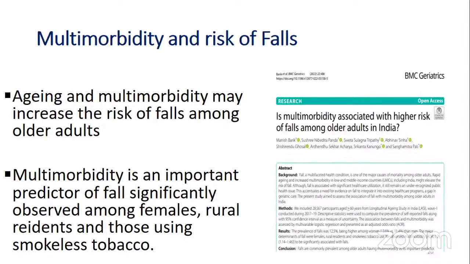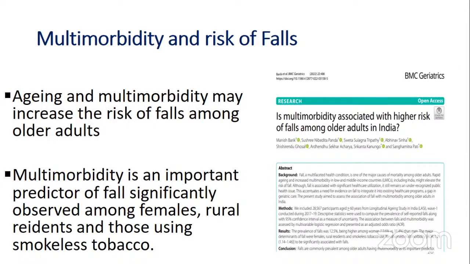Next is multimorbidity and risk of falls. Aging and multimorbidity increase the risk of falls among older adults. Why are falls important? Once a fall happens, obviously there will be physical problems, but it also leads to fear of falls in future, and that could lead to a sedentary lifestyle among the elderly.